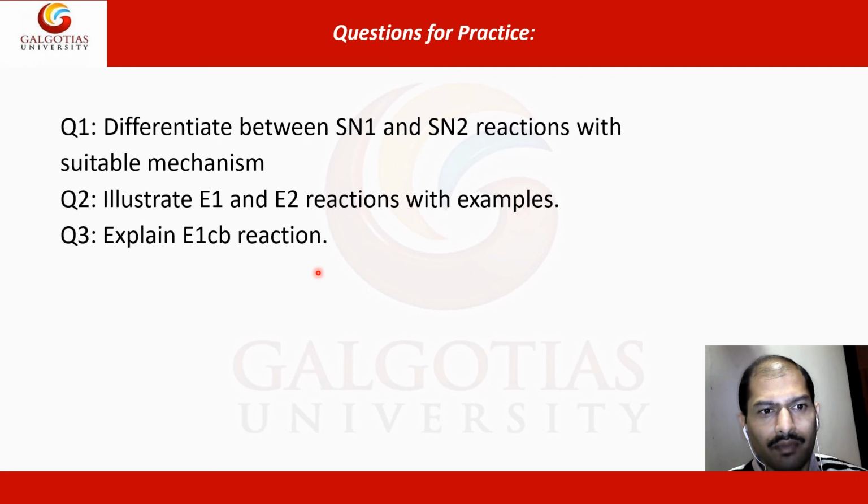From the above discussion, a number of questions can be put up for practice. For example, how to differentiate SN1 and SN2 reactions with suitable mechanism, and you can also check their stereochemistry, and illustrate the E1 and E2 reactions with the help of many more examples. So first you just try to understand the mechanism.